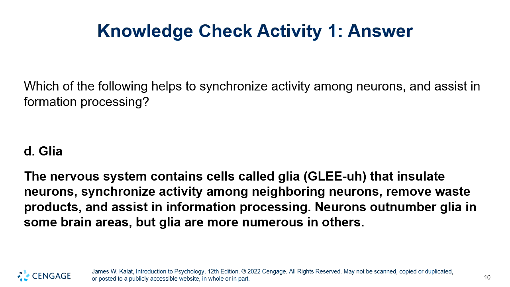It'll also help remove waste from your neurons, as well as assist in information processing. It's going to get things moving along. That myelin sheath that I mentioned, that's how everything gets pushed, okay? Neurons, though, I want you to know, outnumber the glia in some brain areas, but there's more glia in a lot of other areas of the brain, okay?